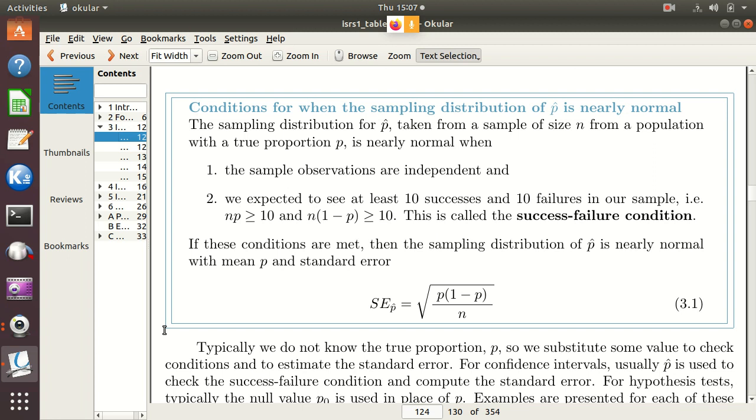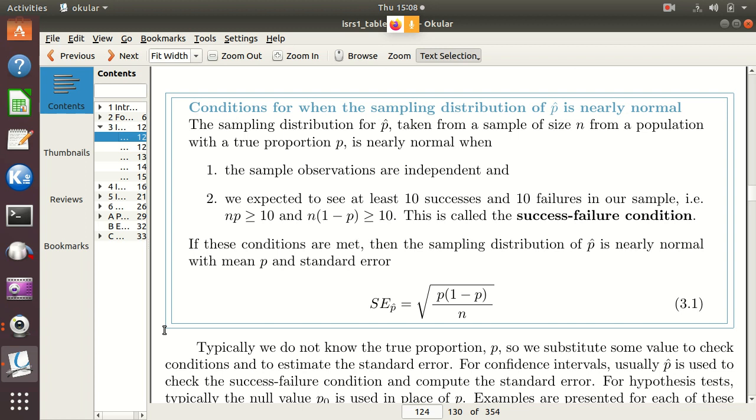And so if you're counting the number of patients in a study who end up developing cancer, then that was a success. The idea there is that successes and failures are really interchangeable. They're really in the name. We could count successes, we could count failures. It actually doesn't really matter.